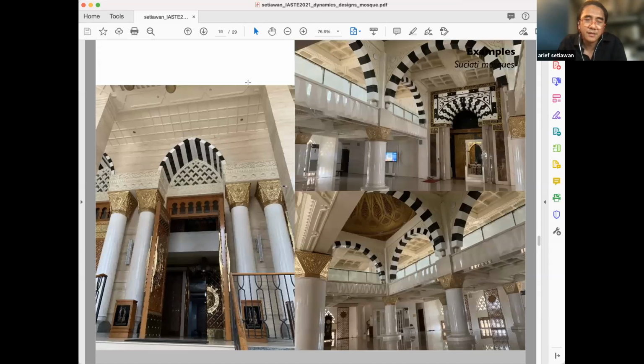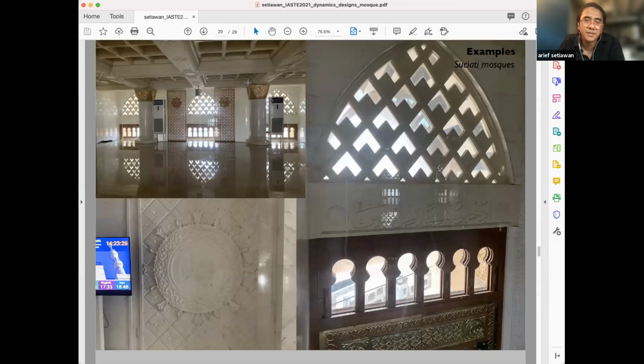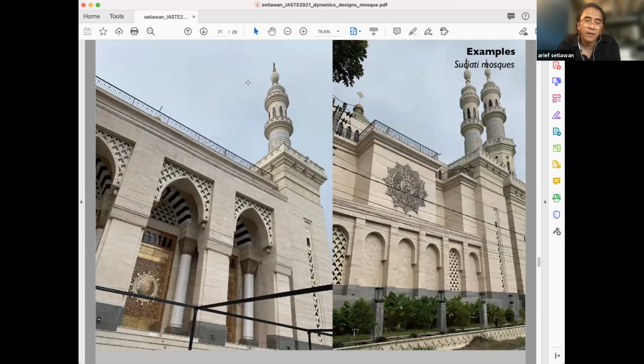You can see the design features here, like polychromatic arches and detailed columns, okay? Again, decorated surfaces inside and outside. Those are all elements associated with design of the Islamic world.